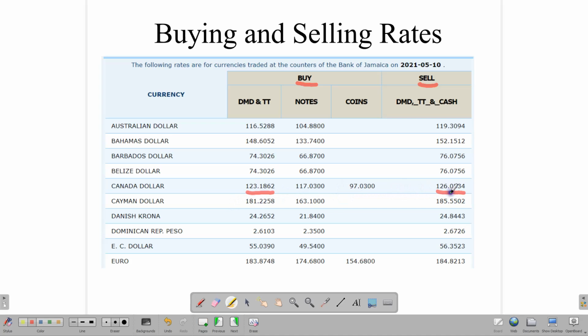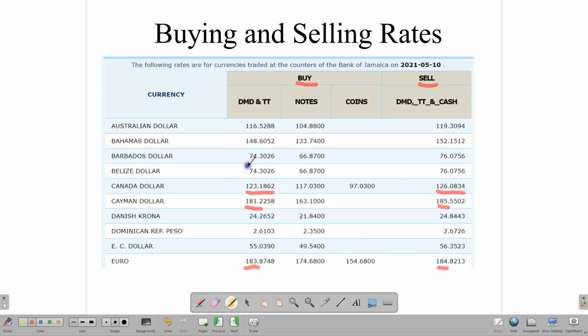Notice here that the selling rate is always higher than the buying rate, in which case the bank makes money from you all the time. Look at the Cayman dollar, for example, $181.22 here for the buying rate, and the selling rate is 185. The selling rate is always higher. Look at the euro also, 183, and here 184. And I should say this is in relation to the Jamaican dollar.